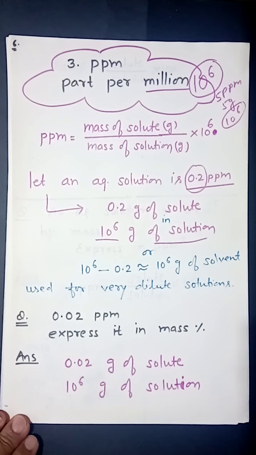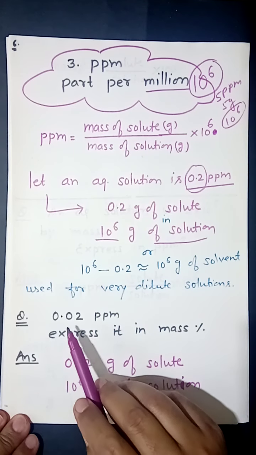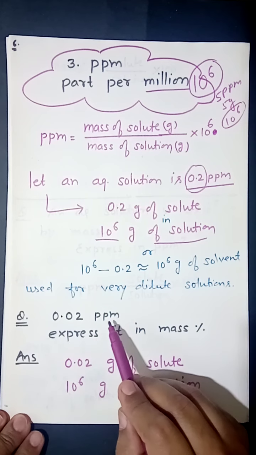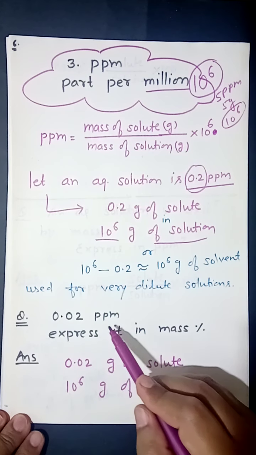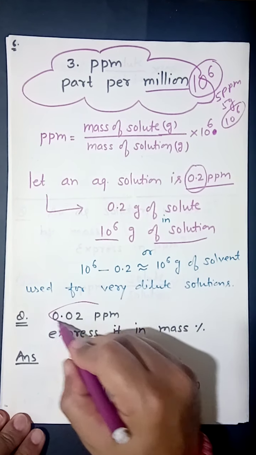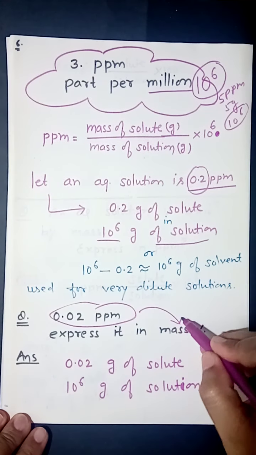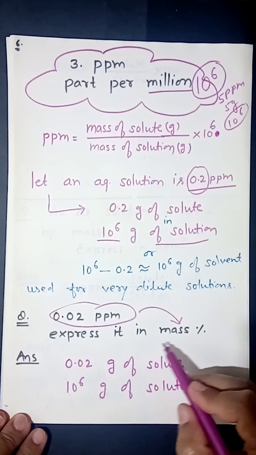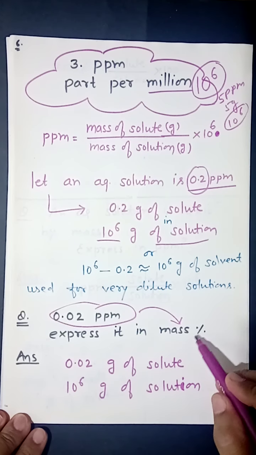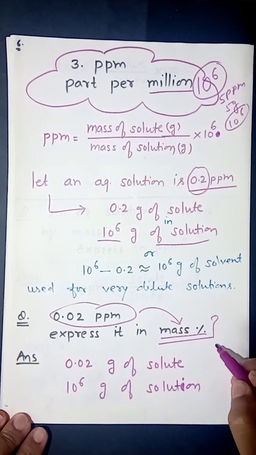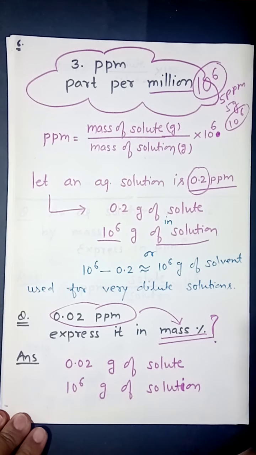Now generally you can have two types of questions based on ppm. The first question is 0.02 ppm. You need to convert this concentration term into mass percent. So it is given in ppm and you need to find out mass percent. Whenever you start a question, always start with the desired quantity.